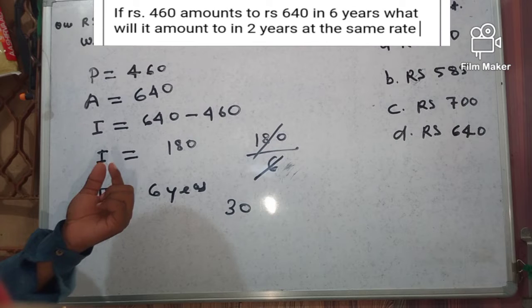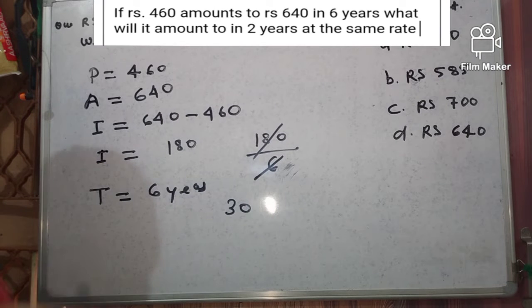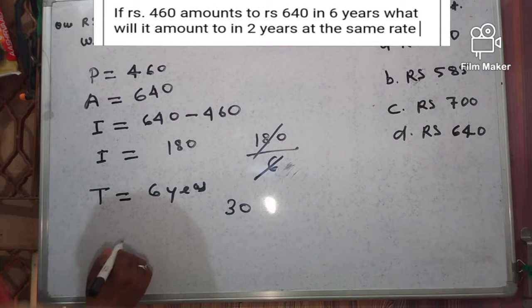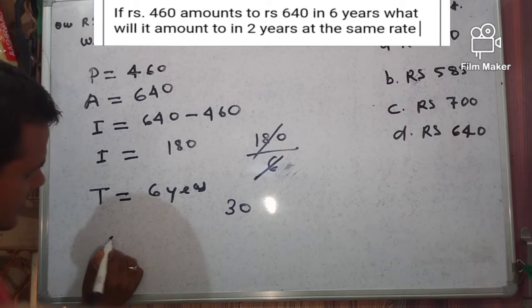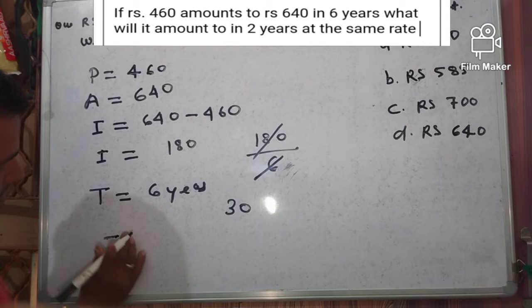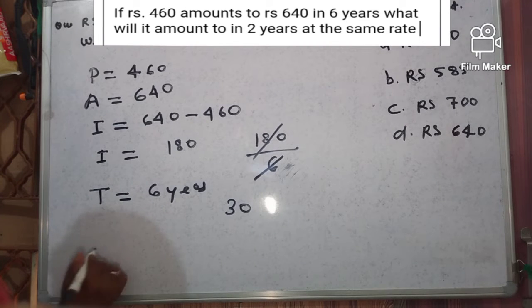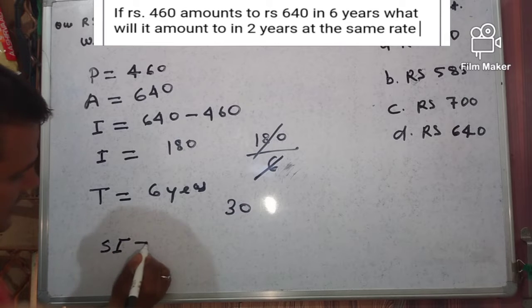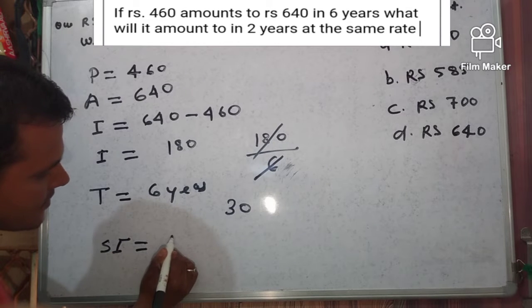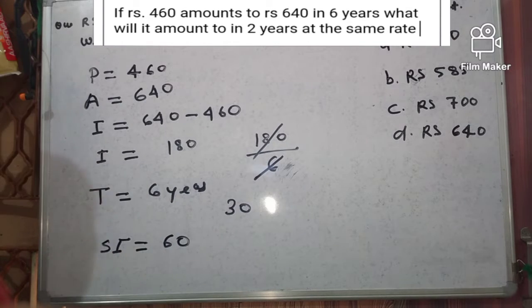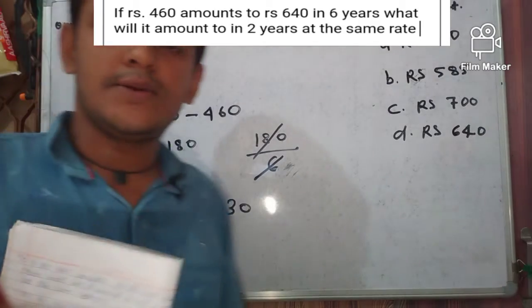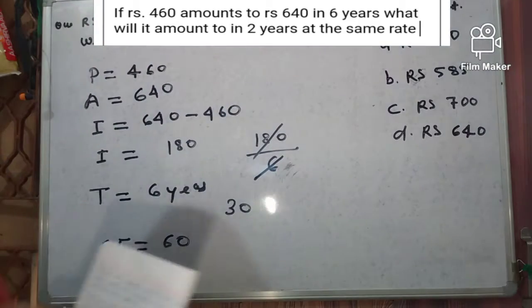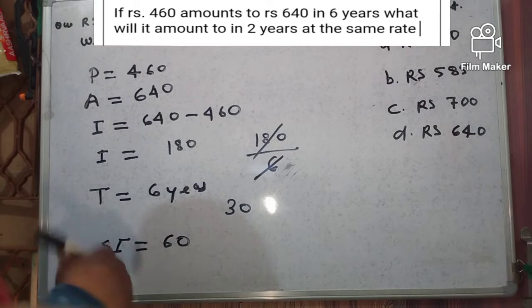What will it be in 2 years? In 2 years it will be 60. So the simple interest in 2 years will be 60 rupees. Our target is only to find the total amount in 2 years.